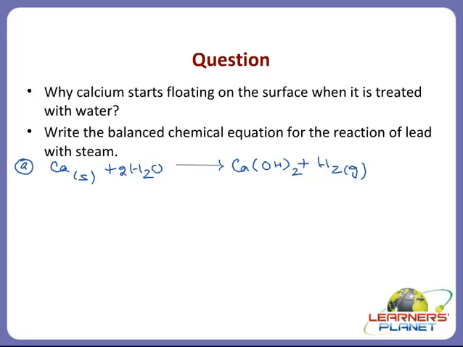Now what happens here is that if I am taking a very reactive metal like sodium or potassium, a large amount of heat is also evolved, so it catches fire. But in this case, children, heat is not evolved. What happens here is that the hydrogen gas bubbles stick to calcium.